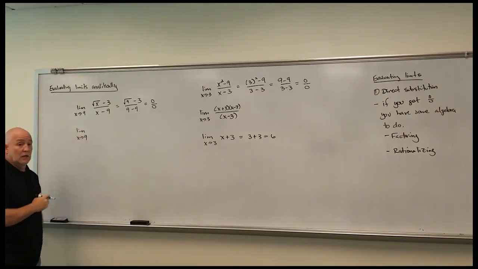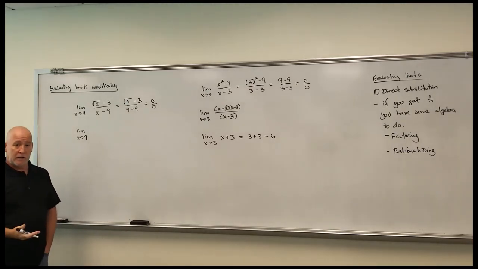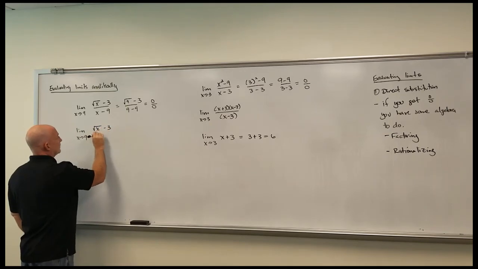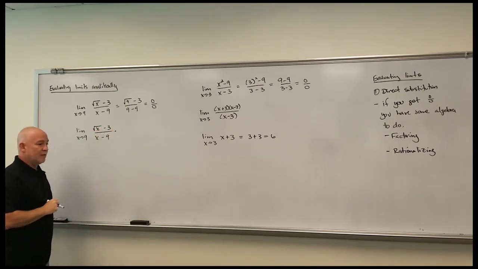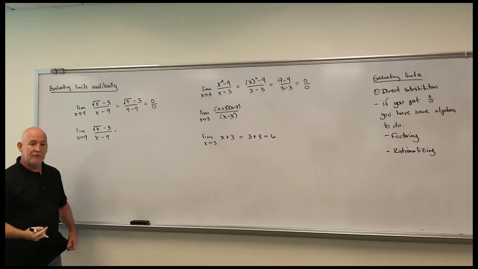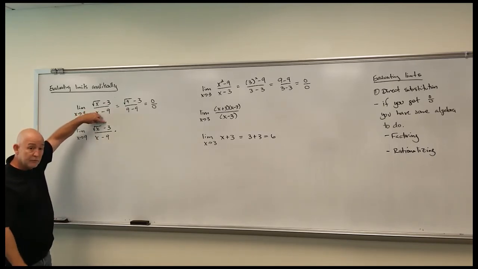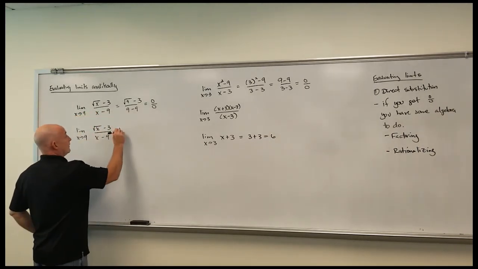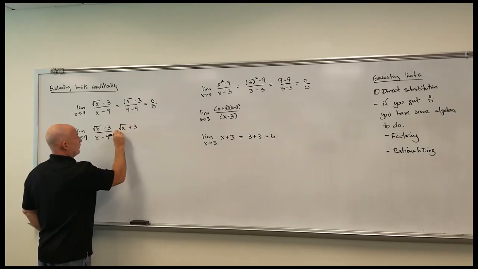Now remember, rationalize just means get rid of a radical. So when we were rationalizing the denominator of things, we would multiply the top and the bottom by the conjugate of the piece that had the radical. So this piece has the radical. The conjugate, remember, is the same two pieces, but with a different sign in the middle. So I'm going to multiply the top and the bottom by the square root of x plus 3.